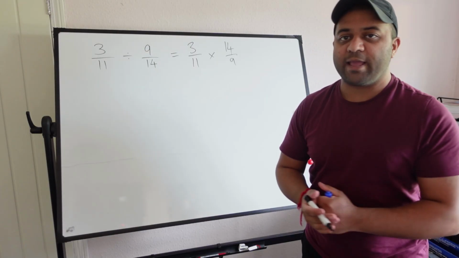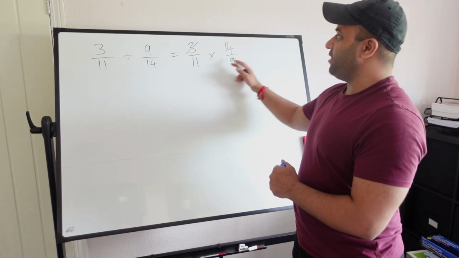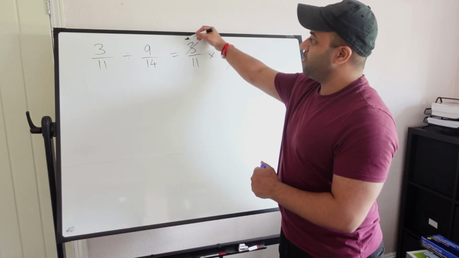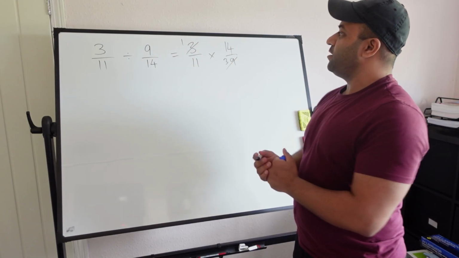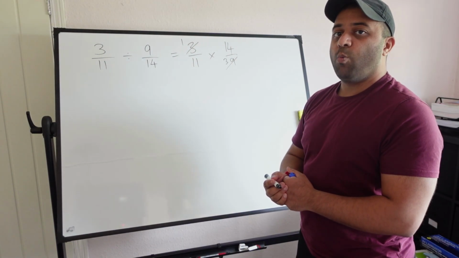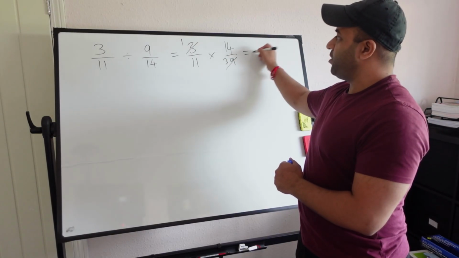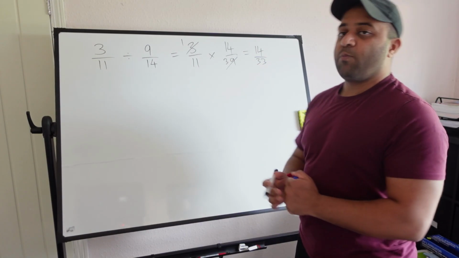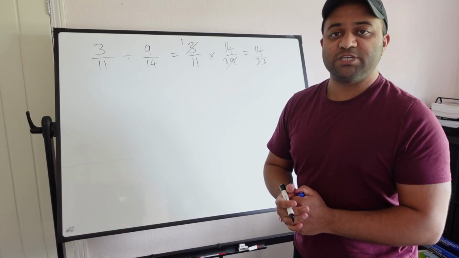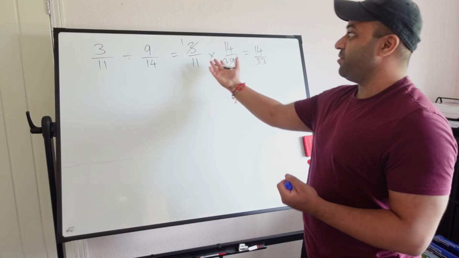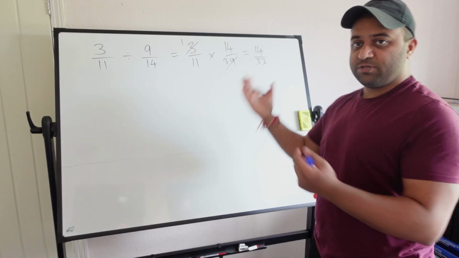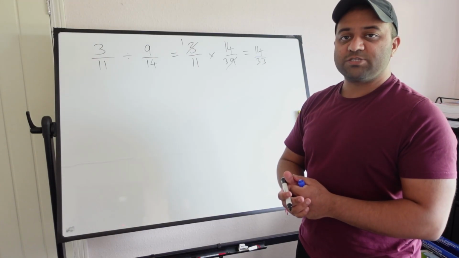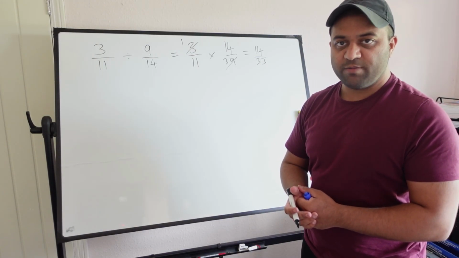Now we can do our cancellation. The 3 and the 9 can cancel. 3 is the common factor, and now we have 1 multiplied by 14 and 11 multiplied by 3. And we know that this is the simplest form because the cancellation has happened first. So there's nothing left to cancel in the end. So our final answer is 14 over 33.